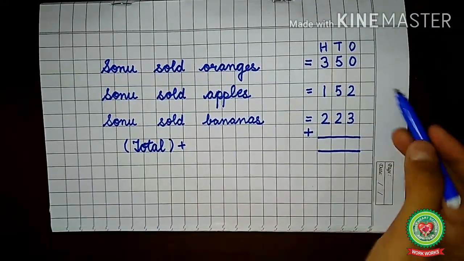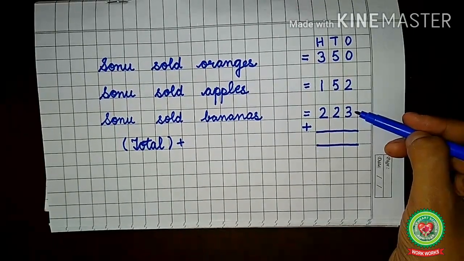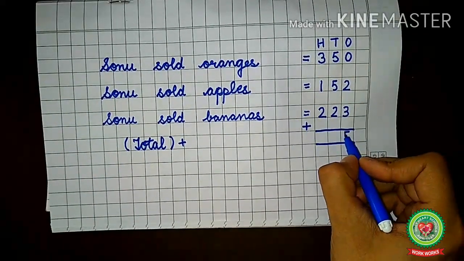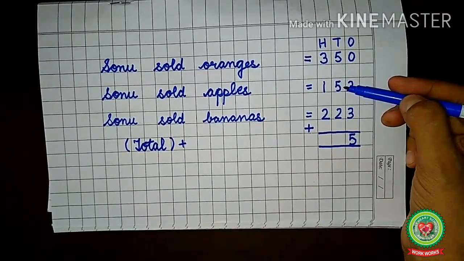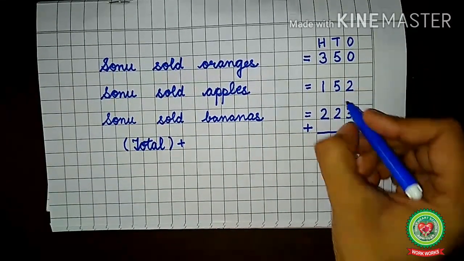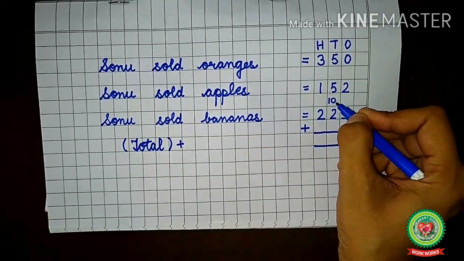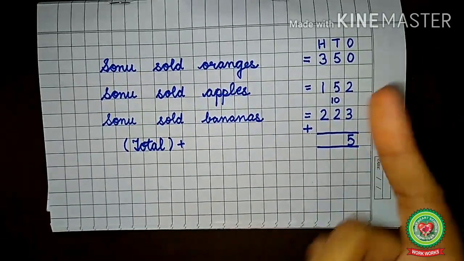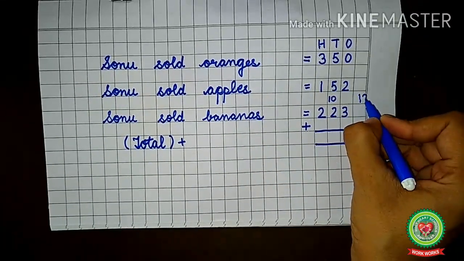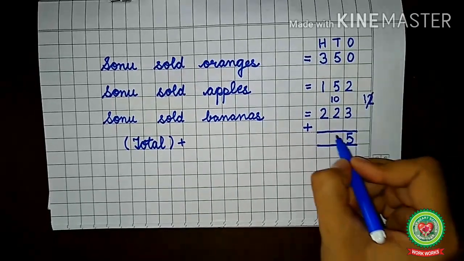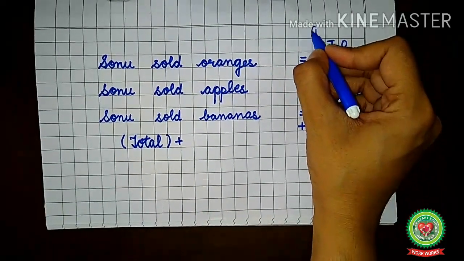First of all, 0 plus 2 is 2 and 2 plus 3 is 5. This is quick addition. Next is 5 plus 5, 10. So we can write 10 here. 5 plus 5, 10 and 10 plus 2, 11, 12. Write 12 here. 2 cut down and 1 cut up.